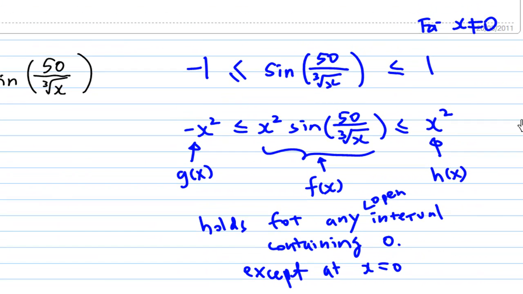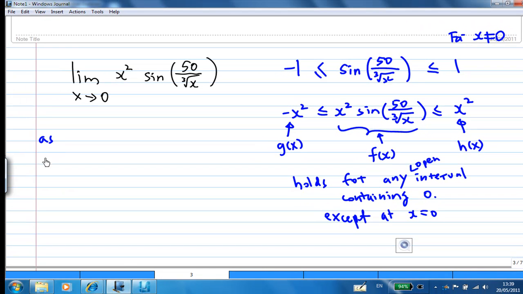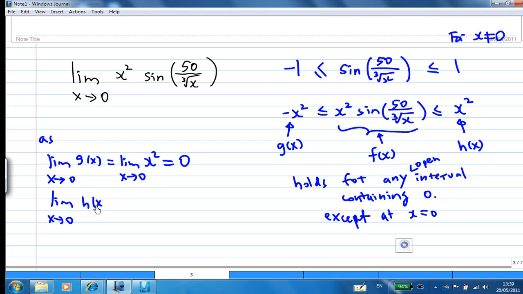So by using the squeeze theorem, the limit as x goes to 0 of g of x, which is minus x squared, is 0, and the limit of h of x, which is the limit as x goes to 0 of x squared, is also 0.